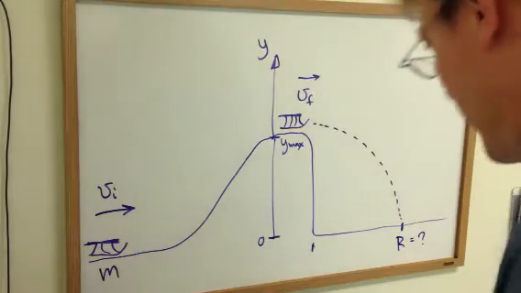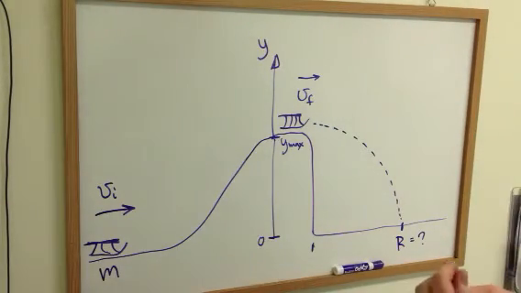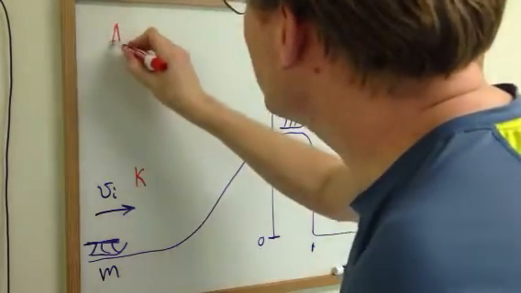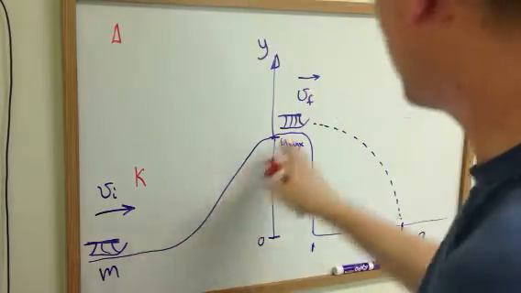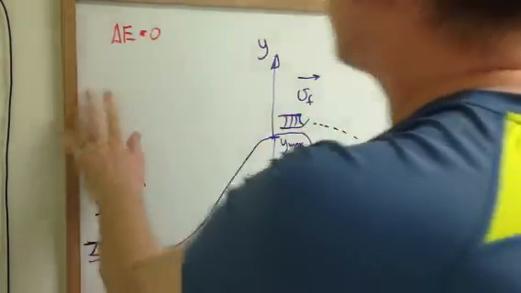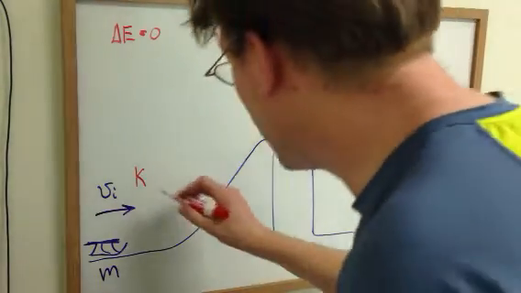With this way of thinking, conservation of energy can take us from down here to up here. Change in energy is equal to 0. The energy is the same down here as it is up here. What is the energy down here?